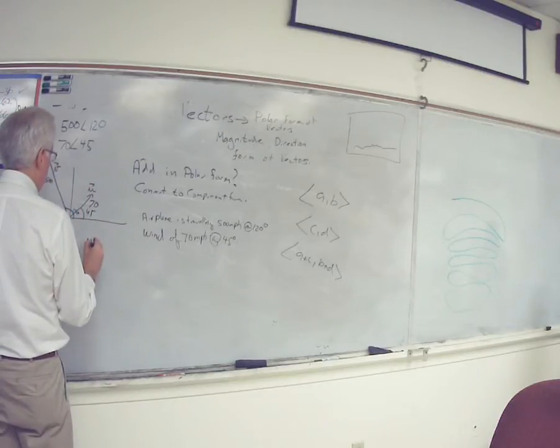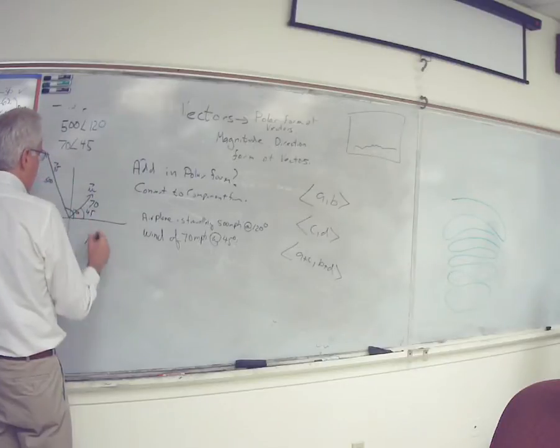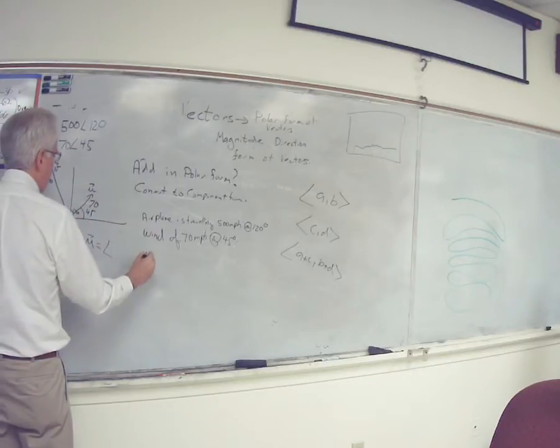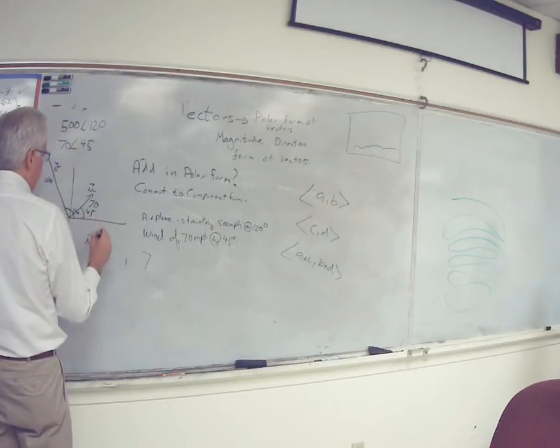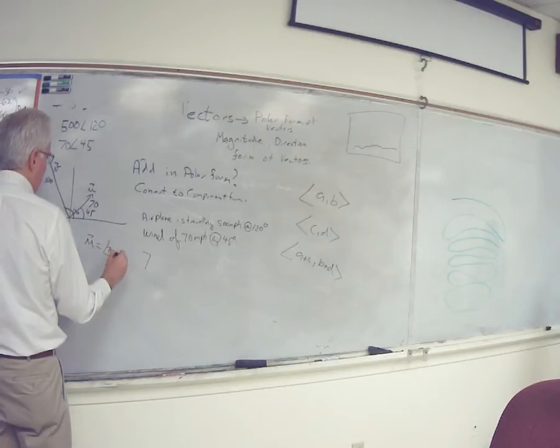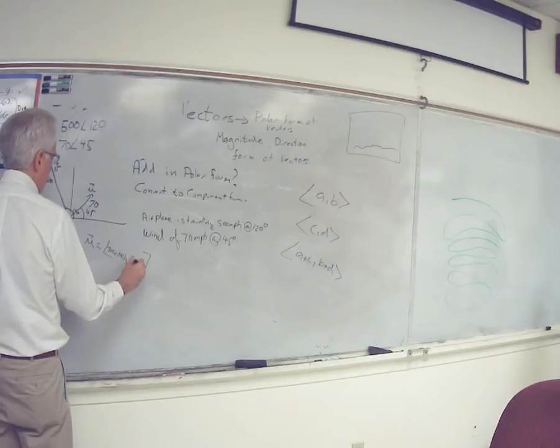U is going to be equal to, how do I break this into the two parts? It would be 70 times cosine of 45, and then 70 times sine of 45.